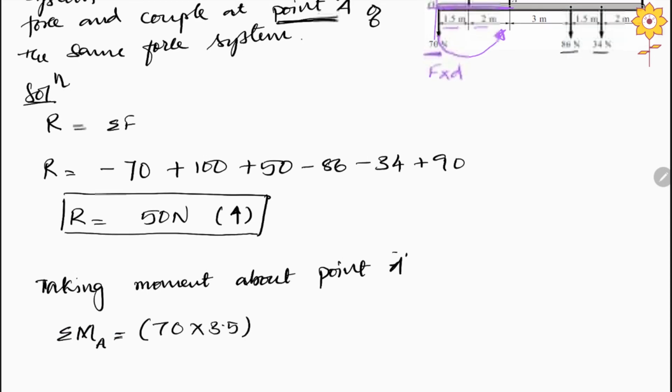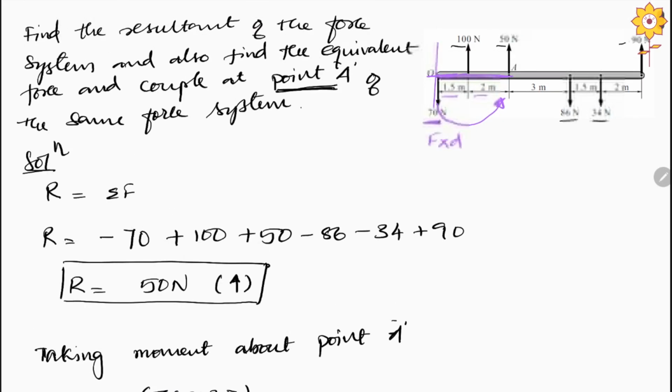Now second thing, this 100 Newton is making a clockwise direction about point A. The distance is only 2 meter, because from the force to the point A it is 2 meter. It is acting clockwise, so it is negative.